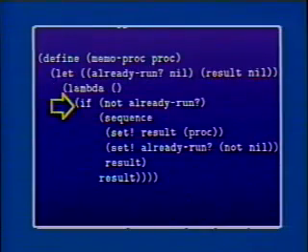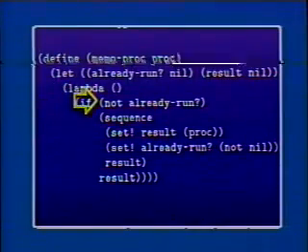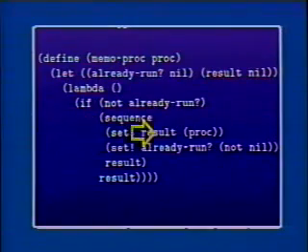And it says, if I'm not already run, then I'm going to do a sequence of things. I'm going to compute proc. I'm going to stash that in the variable result. I'm going to make a note to myself that I've already been run, and then I'll return the result. So that's if you compute it if it's not already run. If you call it and it's already been run, it just returns the result.